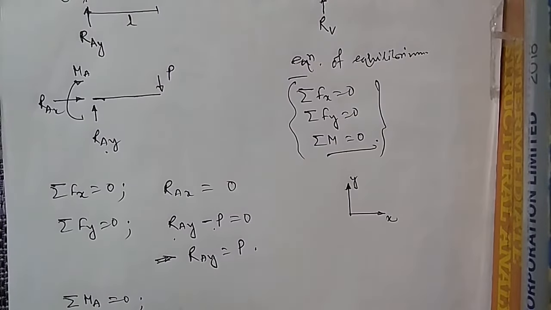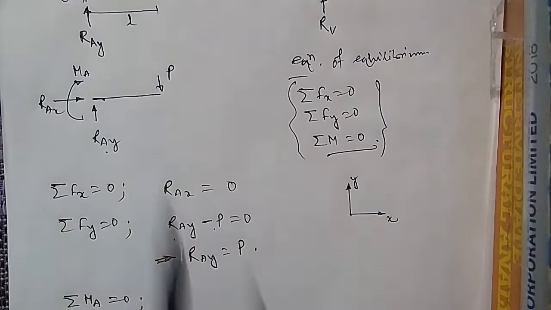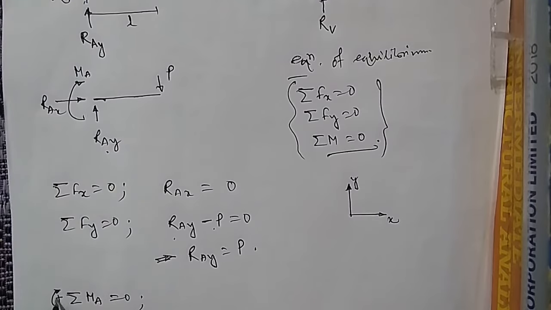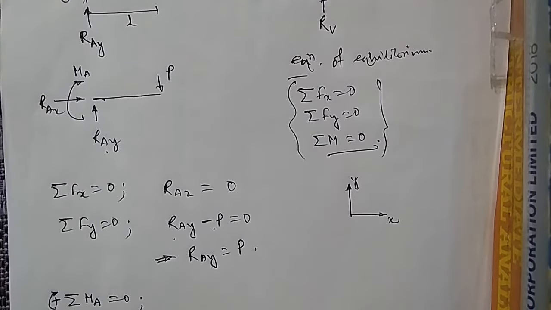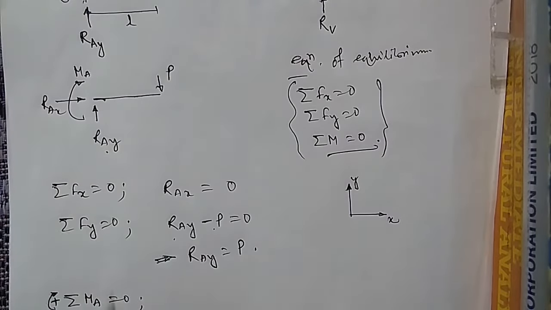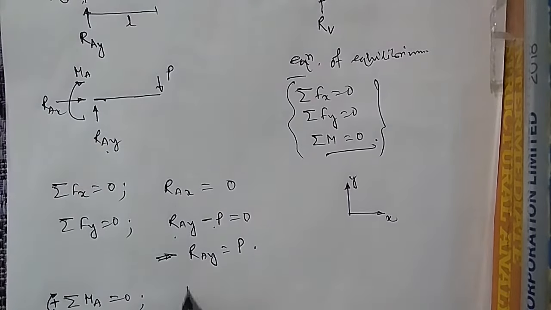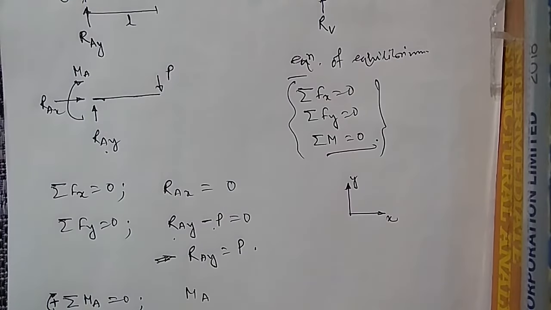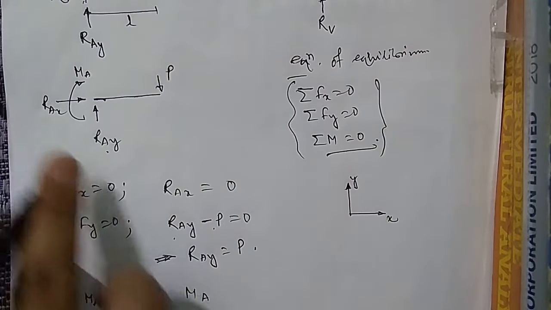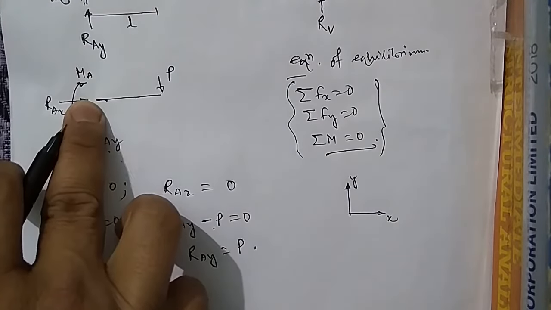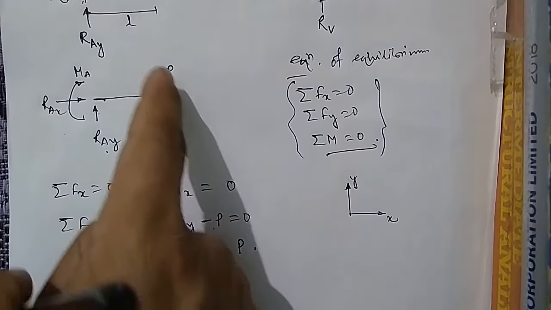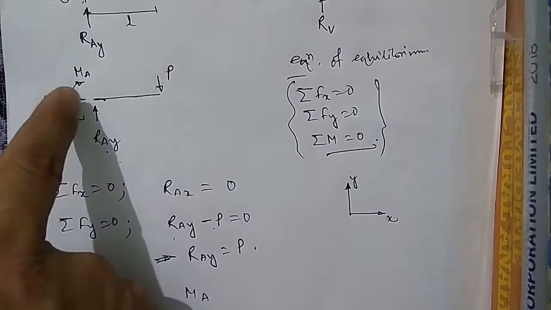At point A there is a moment, so MA, and this is the positive moment. Anticlockwise moment is the positive moment. So at A, MA positive. For RAY and RAX, the distance is 0, so RAY into 0 and RAX into 0 give zero, and P into distance L.